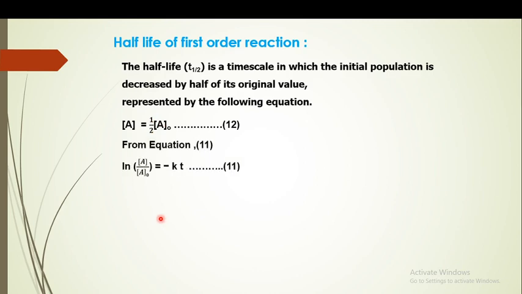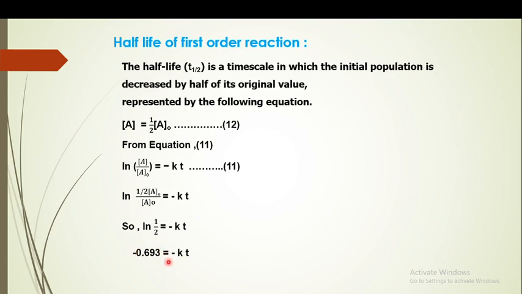So we can write the integral form of the first order reaction, ln of A upon A0 equal to minus kt. By putting in the value of the concentration, ln of (1 upon 2 of A0) divided by A0 is equal to minus kt. So this A0 gets cancelled. So ln of 1 upon 2 is equal to minus kt, and ln of 1 upon 2 is minus 0.693, so minus 0.693 is equal to minus kt.